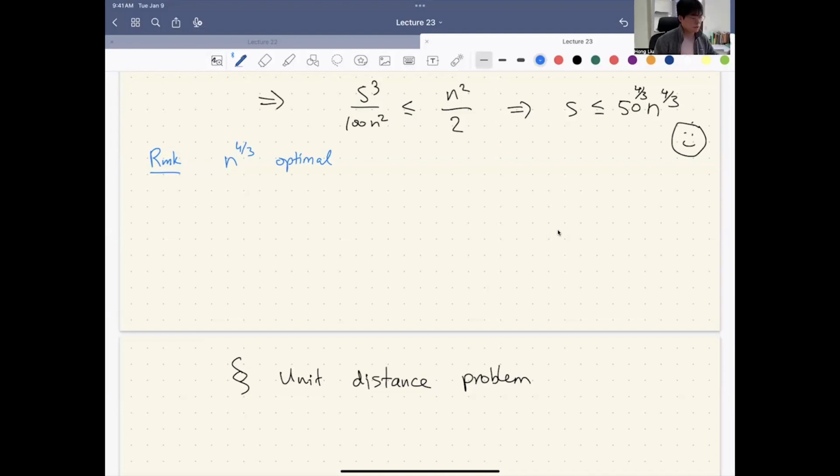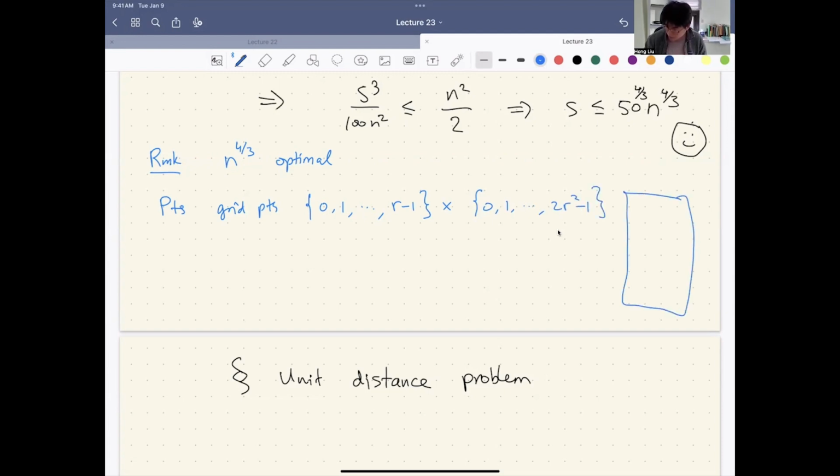What's the construction? Well, let's consider the points. Grid points in 0, 1, 2, up to r-1 times... Here's a picture.